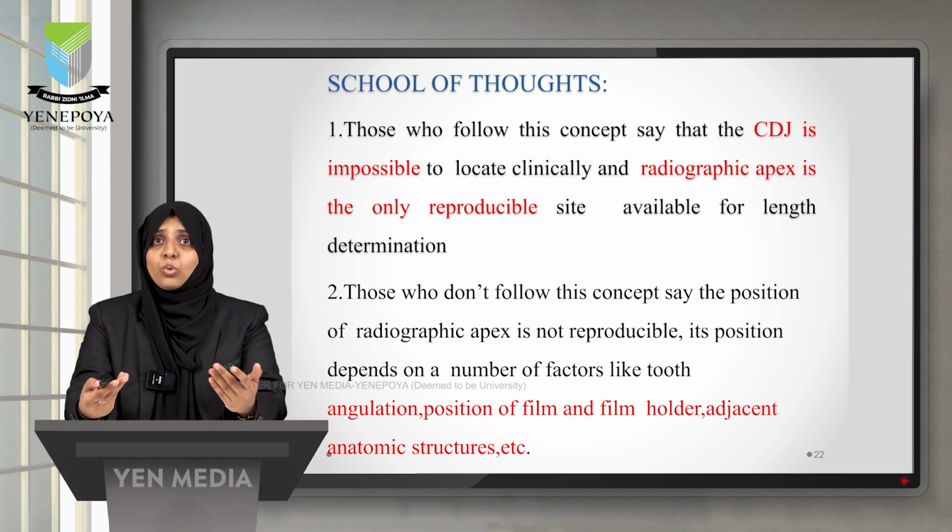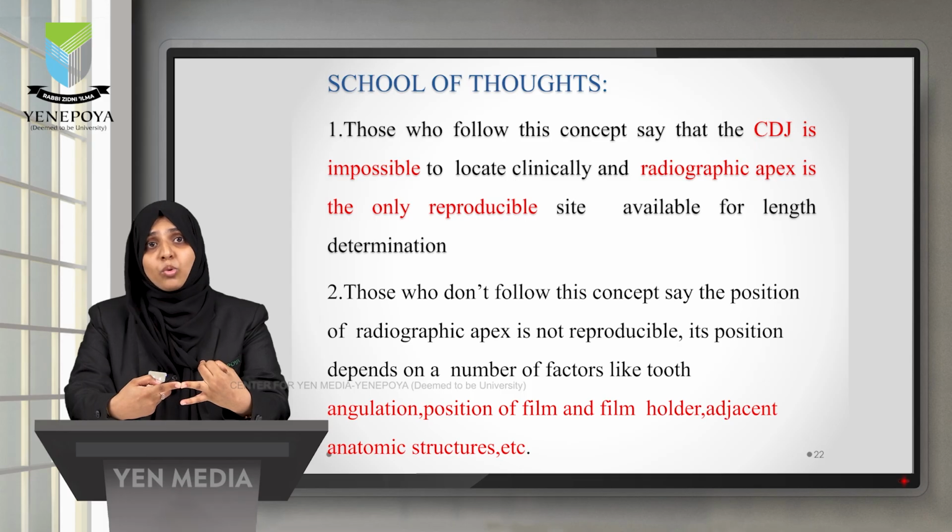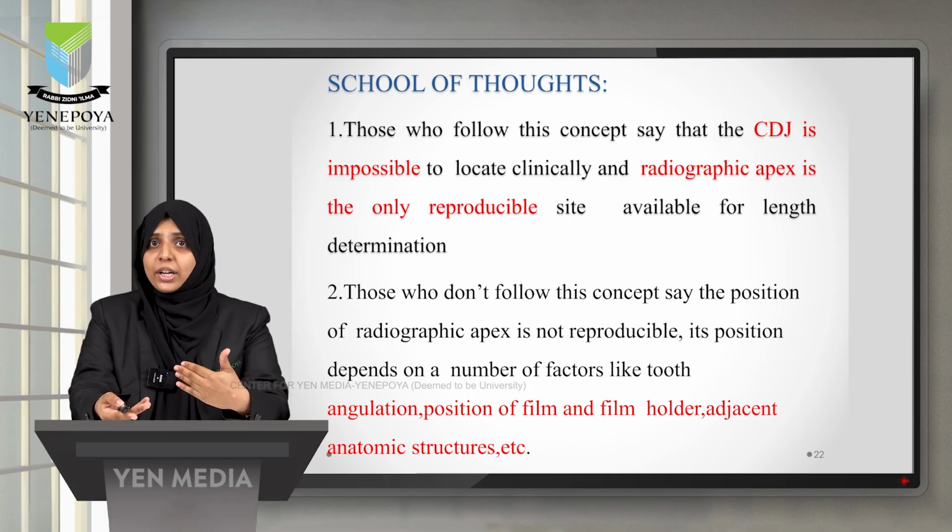The other school of thought says that this radiographic apex may not be reproducible. Why? Because it depends on a number of factors, such as tooth angulation, the position of the film and the film holder, and adjacent anatomic structures. Also, if there is overlapping of the two canals, we may not be able to appreciate the radiographic apex.